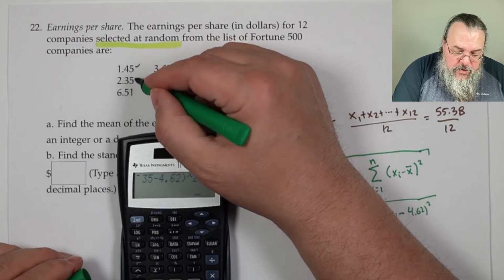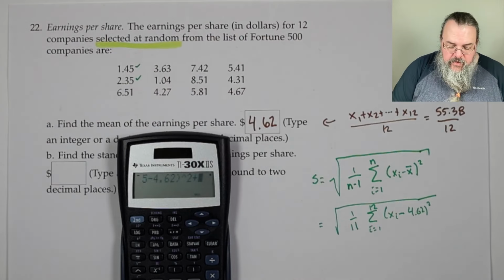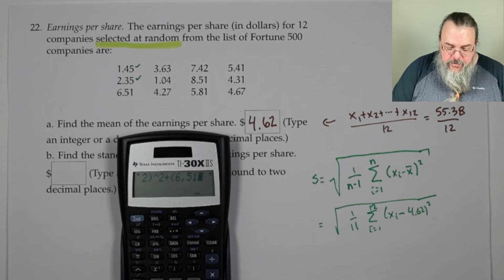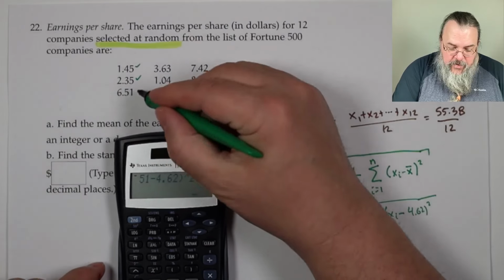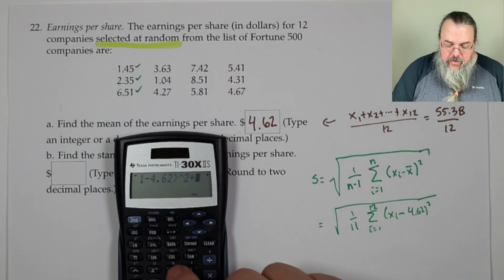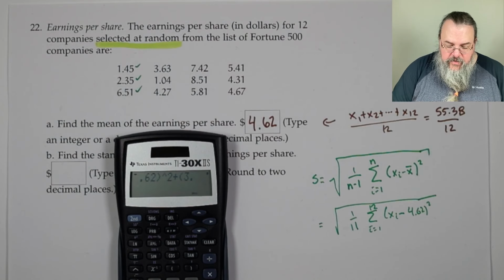So we've done 1, 2, plus 6.51, subtract 4.62 squared. Okay, we've got that one, plus 3.63, subtract 4.62 squared.